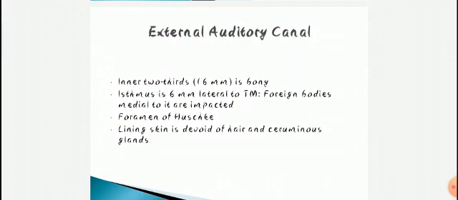The inner two-thirds of the external auditory canal is bony, and isthmus is 6 mm lateral to tympanic membrane. It is a very narrow part, so foreign bodies medial to it get highly impacted.